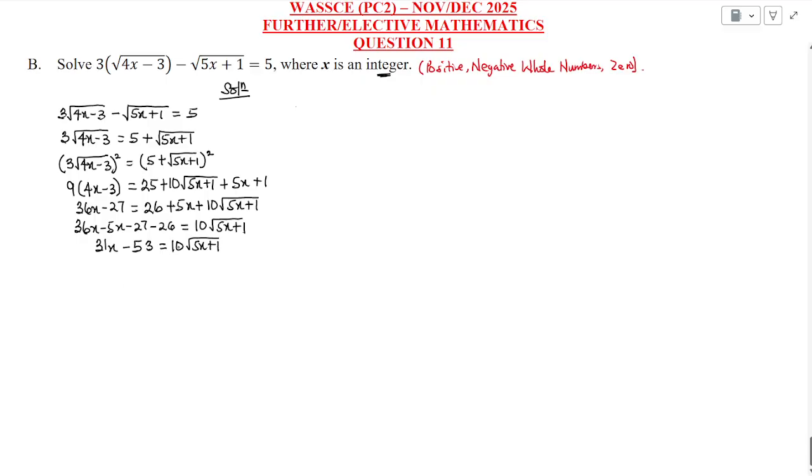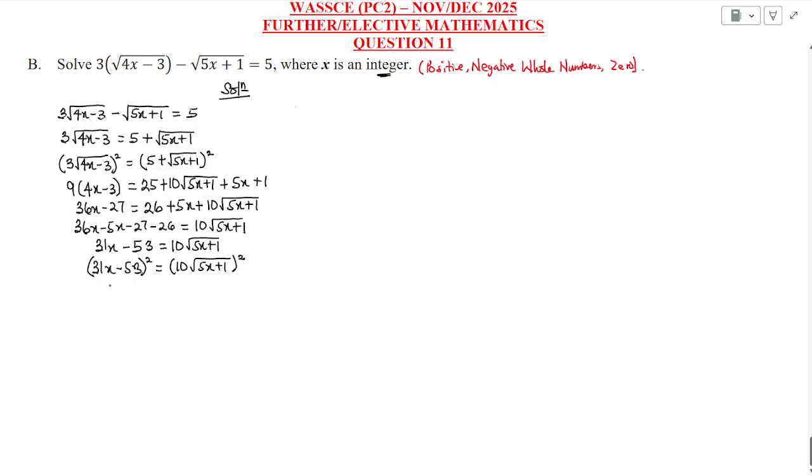Then to do away with the radical again, just as we did for the first one, we are going to square both sides. So I have 31x minus 53 all squared, and this gives me 10 root 5x plus 1 all squared.